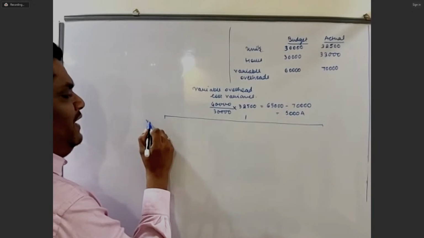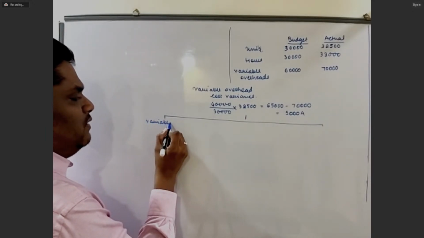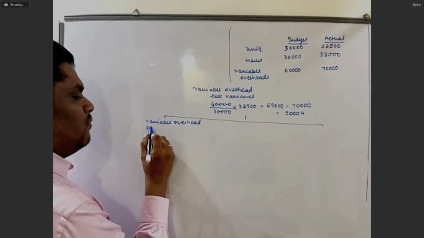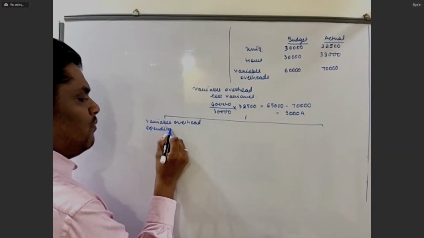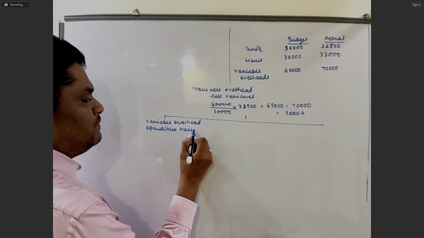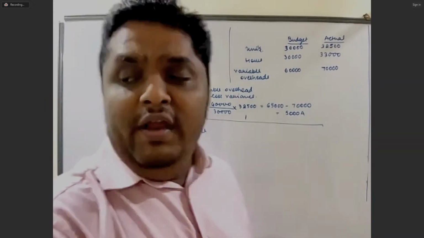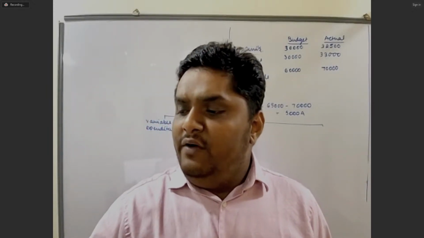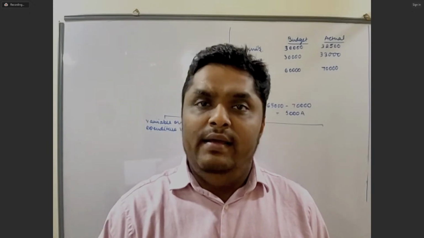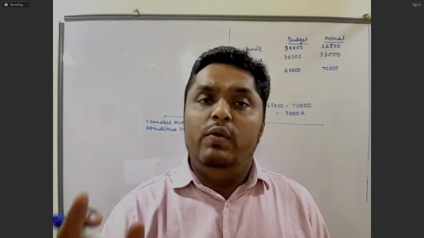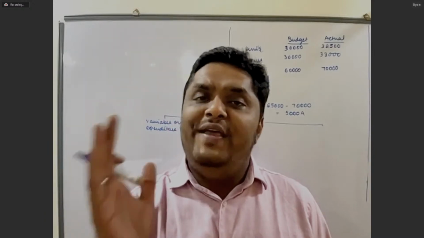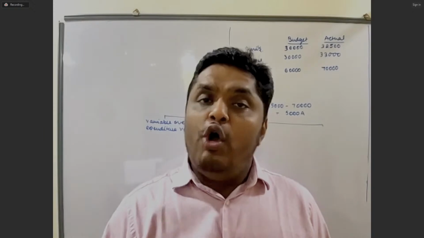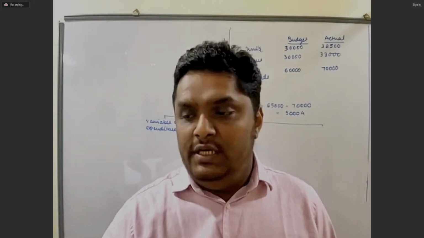Now, the same thing, variable overhead expenditure variance. In fixed overhead, we discussed fixed overhead expenditure variance. Sorry, we calculated fixed overhead expenditure variance directly because fixed overhead remains constant at all levels of production. But yes, when talking about variable overhead, it keeps on changing.